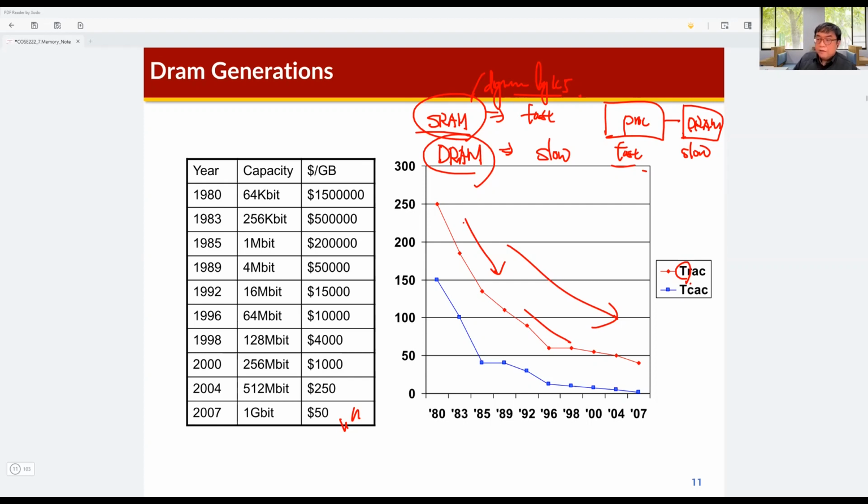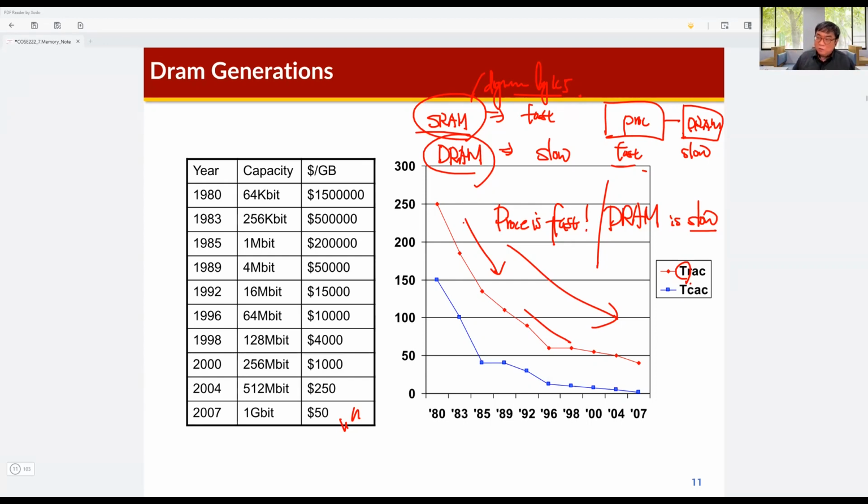Okay, so what's the problem? DRAM is slow. The processor is fast. But DRAM is slow. What's the problem? The entire data is stored in the DRAM, but DRAM is very slow. So the performance of the computer system is determined by the slow DRAM.